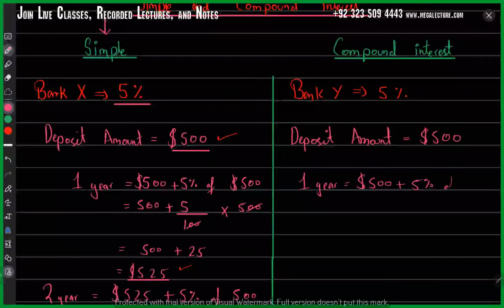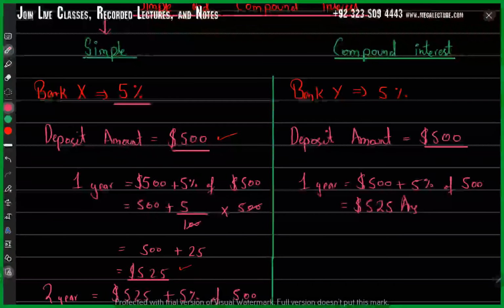So 5% of the previous amount is this one, because this is the very first year and the previous amount was whatever I deposited. And this is going to be $525. So far it's the same as simple interest. Okay, but I'll tell you the difference right now.